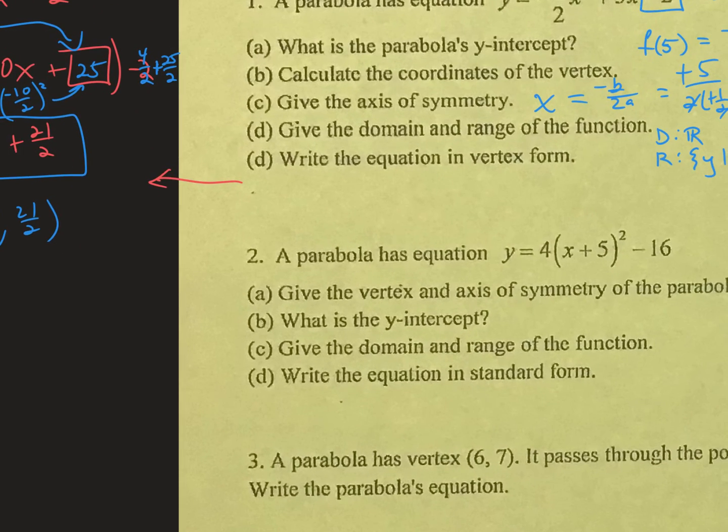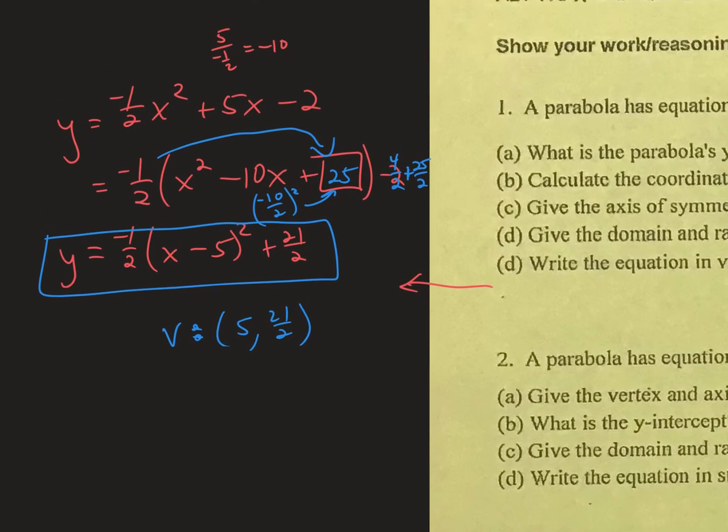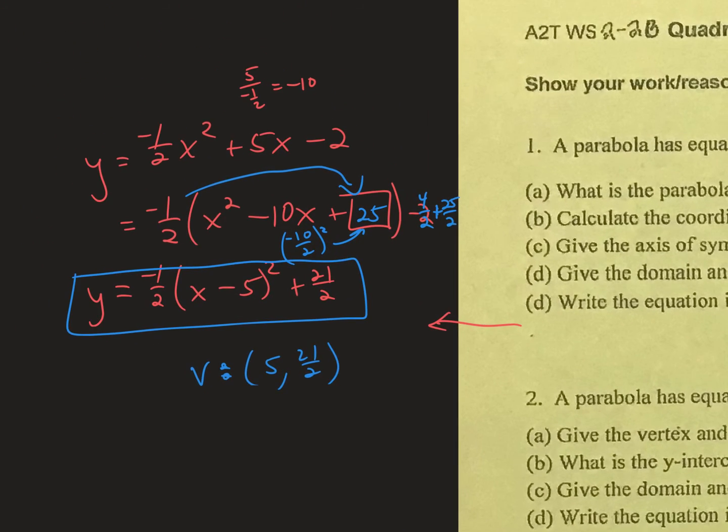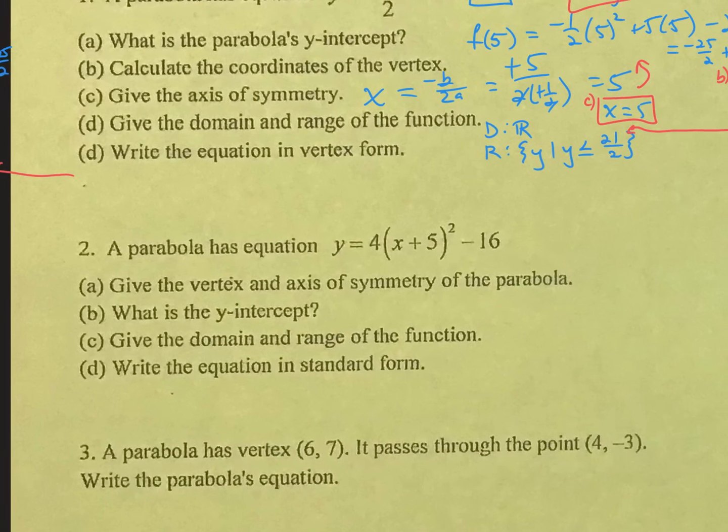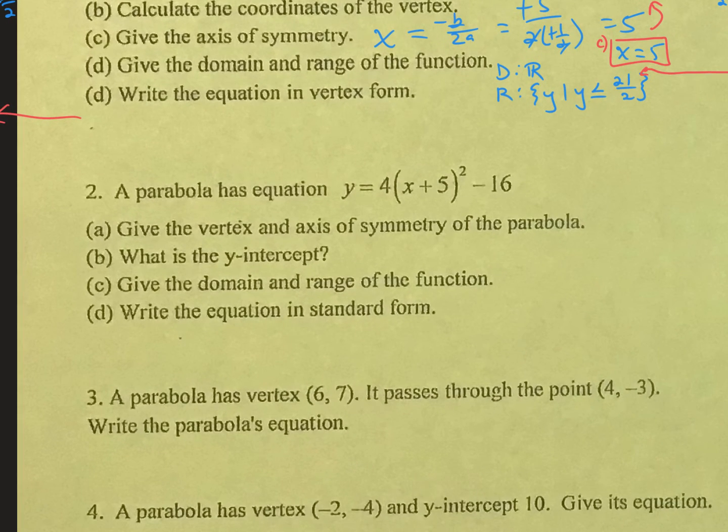All right, let's look. I can look at that a little longer. All right, and then we'll look at this one. Give the vertex and axis of symmetry of the parabola. So this one's a little bit easier because you just look at the h and the k. So it's x minus h squared plus k, right? And the a is in front of it.